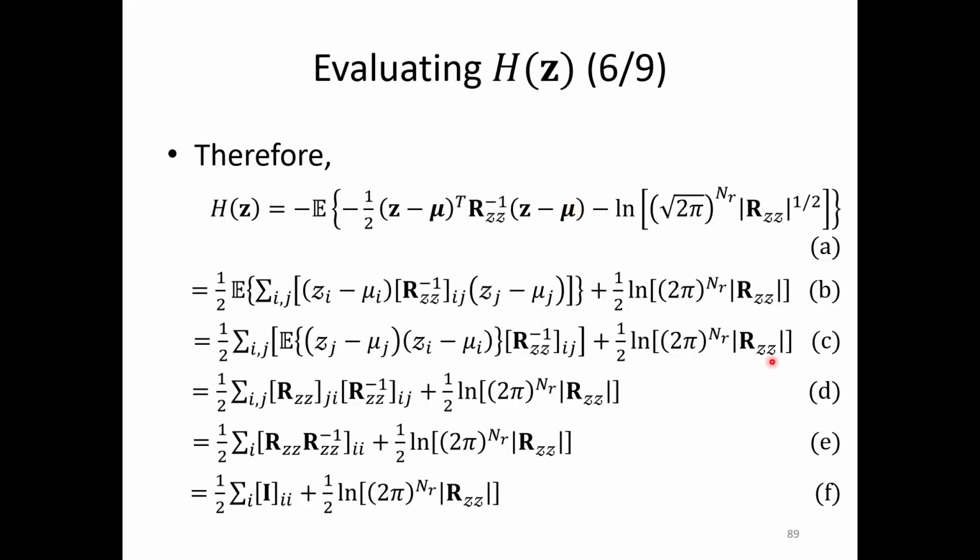At this point we have derived C. Okay, equation C. So next we are going to derive equation D. Before the derivation we can see that the equation D is equal to 1 over 2 summation ij rzzji times rzz inverse ij plus 1 over 2 natural log 2 pi to the power of nr times the determinant of rzz.